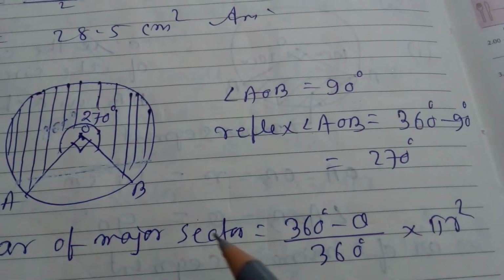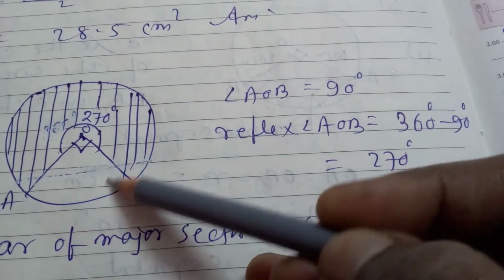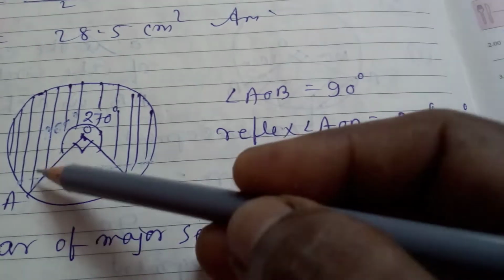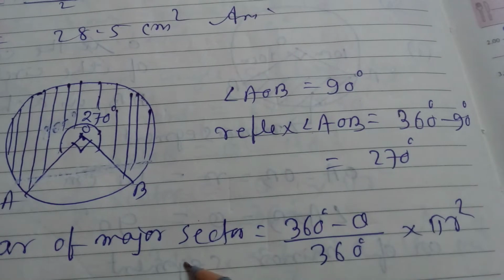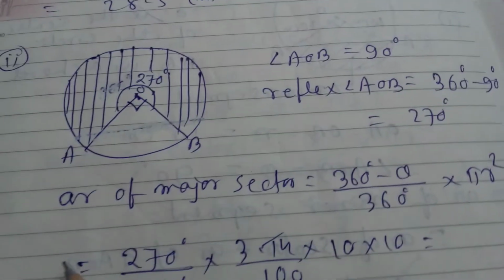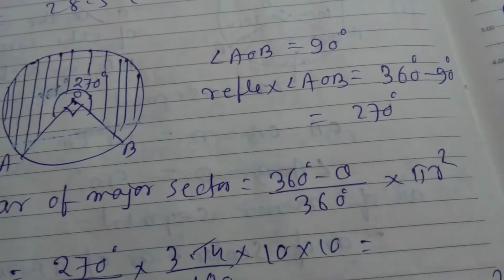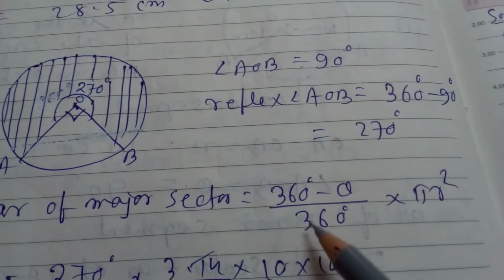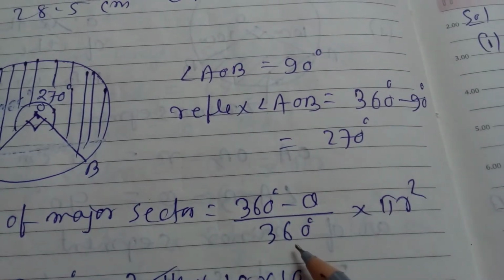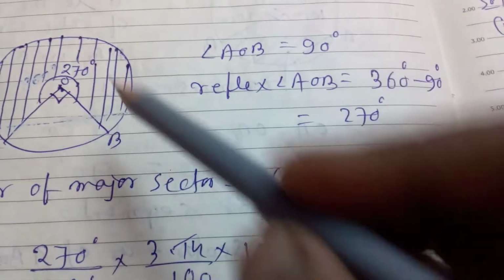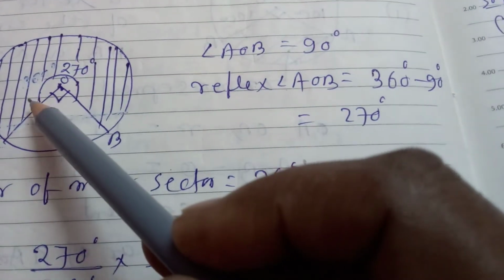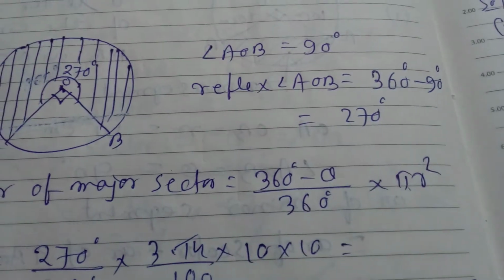So area of the major sector, this portion is the minor sector and this shaded portion is the major sector, which is to be determined. Area of the major sector equal to, formula is 360 minus theta by 360 into pi r square. Okay, because in a major sector the angle must be greater than 180 degree. So it is 360 minus theta by 360 into pi r square.